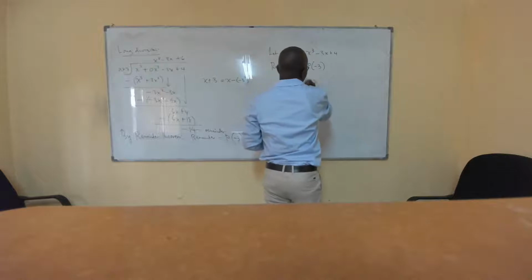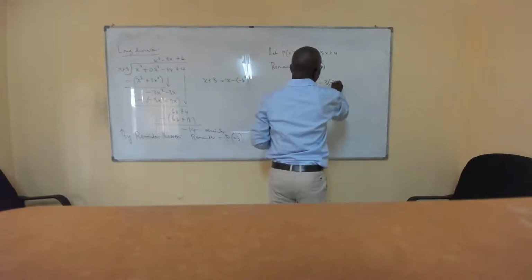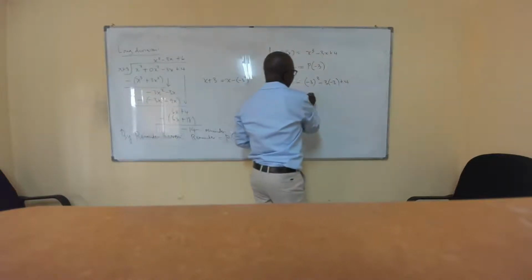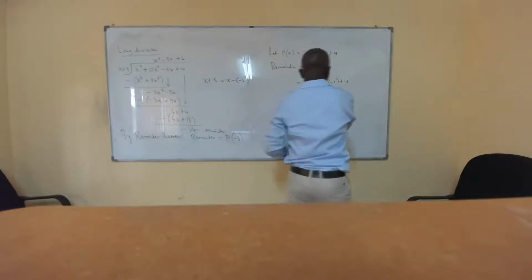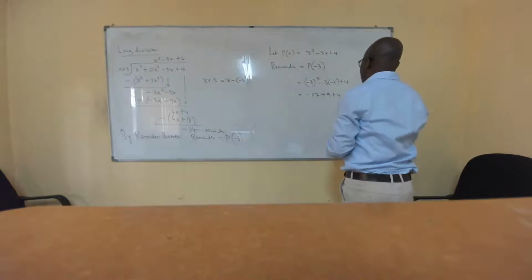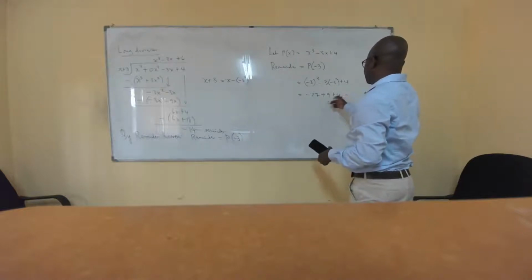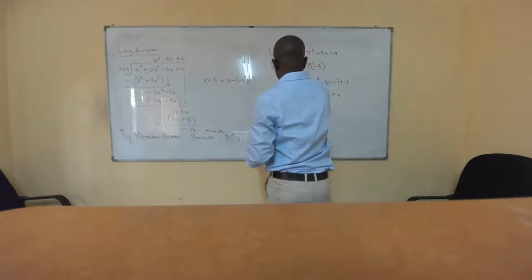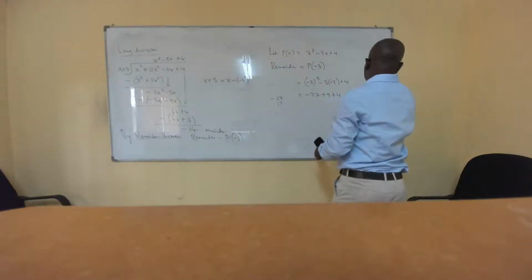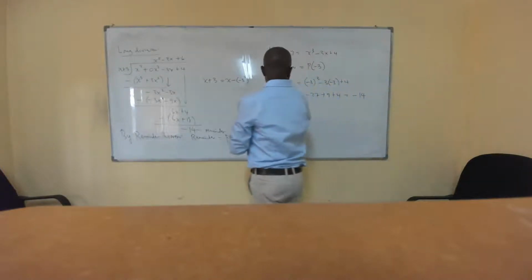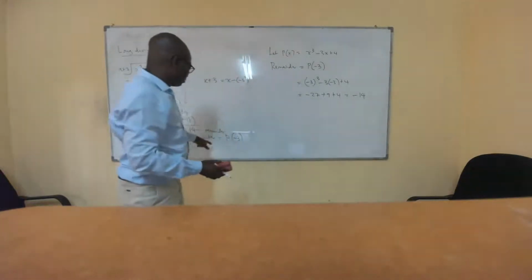So minus 3 to the power 3, minus 3 times minus 3, plus 4. So you have minus 27 plus 9 plus 4. And I can see this is 13 minus 27, that gives us minus 14, which is the same.